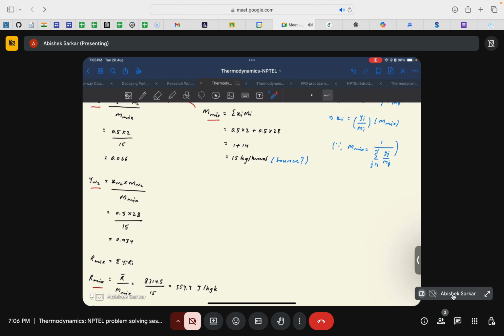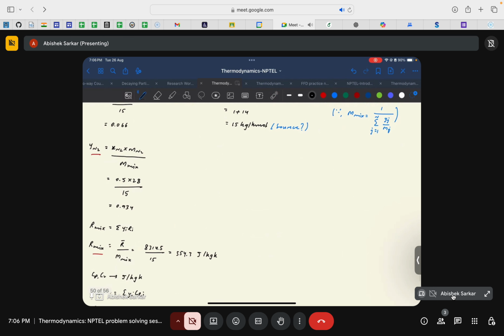Okay. So now we can find the specific gas constant for the mixture. Similar to the previous properties, we can find R mix to be summation of yi times Ri, or R mix to be the R bar divided by M mix. Both of these are perfectly fine.